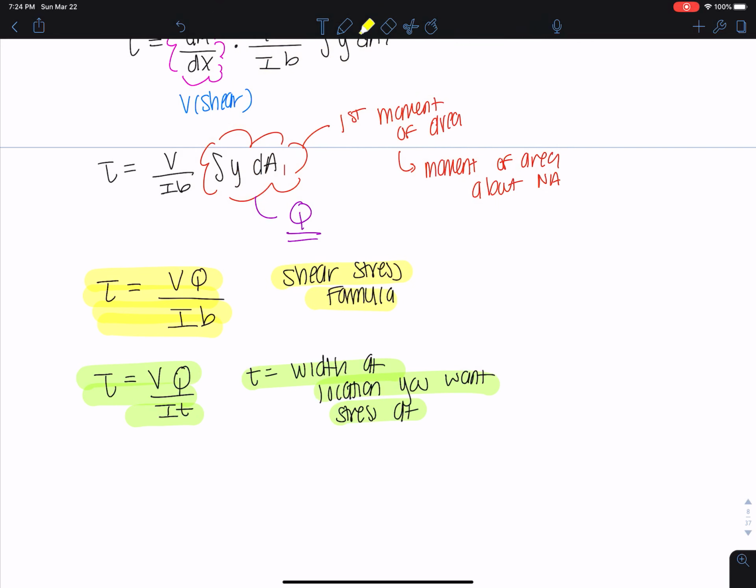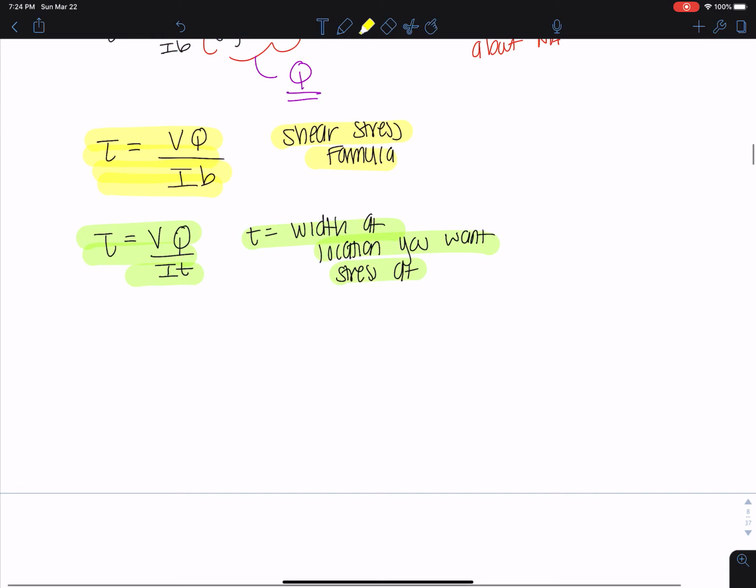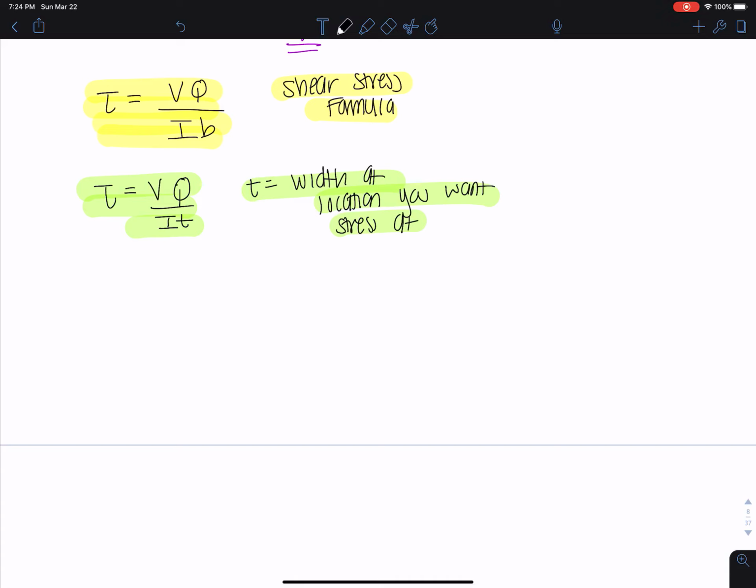Okay, so now this was a generalized formula, but now let's look at shear stress in a rectangular beam.